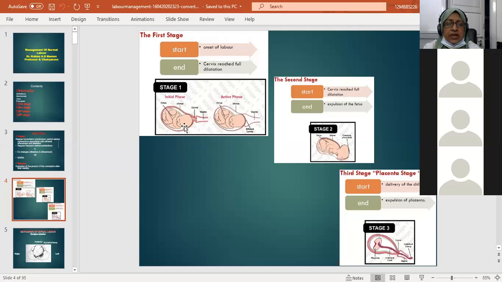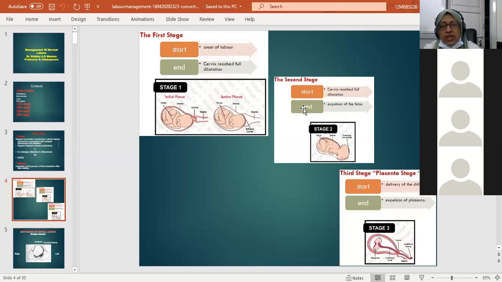In this diagram, this is the uneffaced cervix, still not effaced but with certain dilatation. This is the vagina, this is the cervix, this is the lower uterine segment, and this is the fundus of the uterus. In this picture, there is full dilatation with full effacement of the cervix; you cannot see the cervix. So the first stage starts from cervical dilatation up to 10 centimeters.